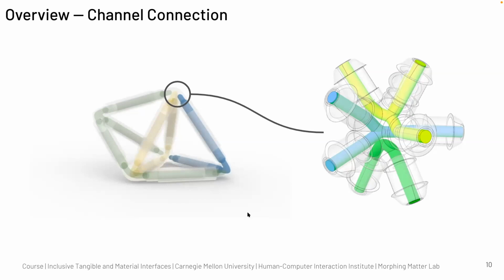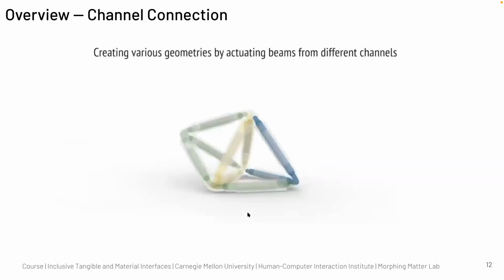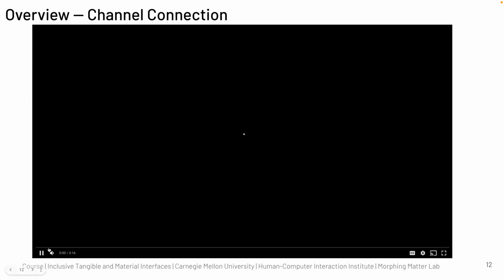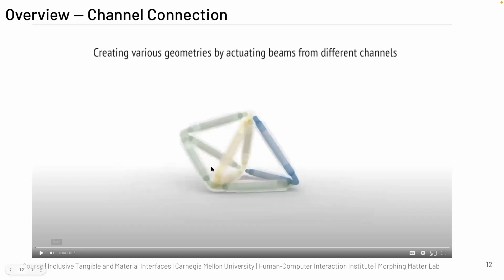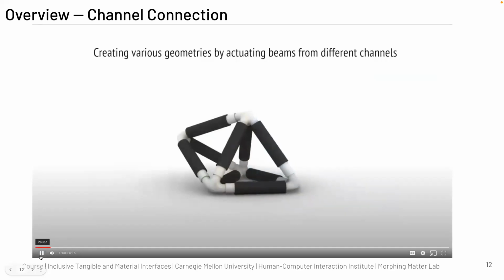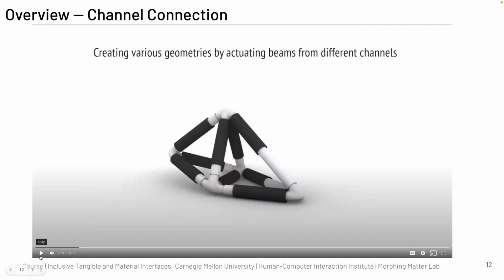And what happens here is, it's looking like something like this at the beginning. So only the blue part is actuated. It's a darker blue color, others are transparent. And what will happen is only the blue one elongates.